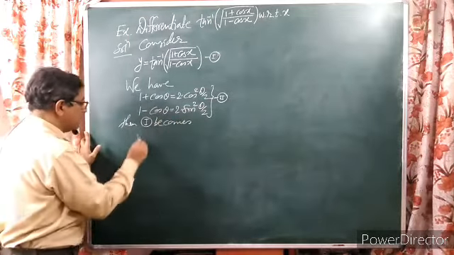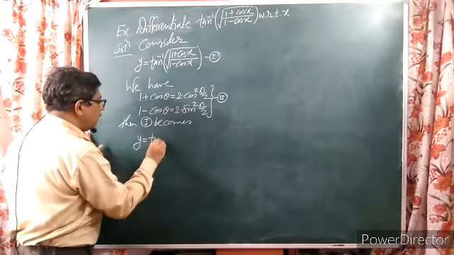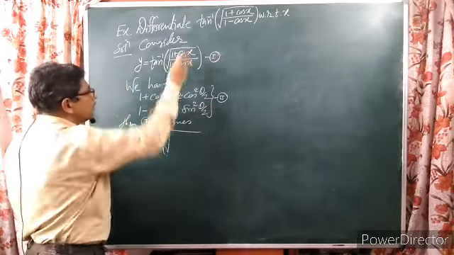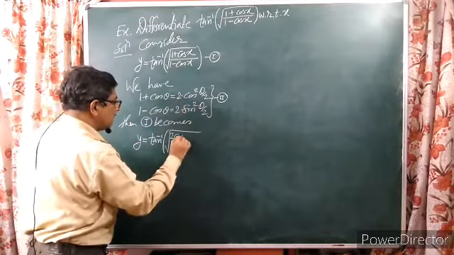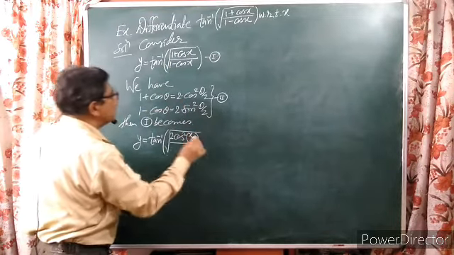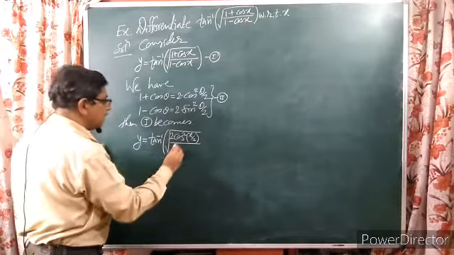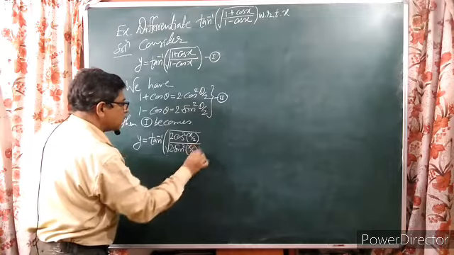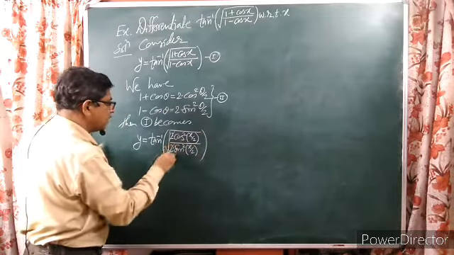By this formula, y is equal to tan inverse of root of 1 plus cos x, which is 2 cos square x by 2, divided by 1 minus cos x, which is 2 sin square x by 2. And here 2 gets cancelled with 2.